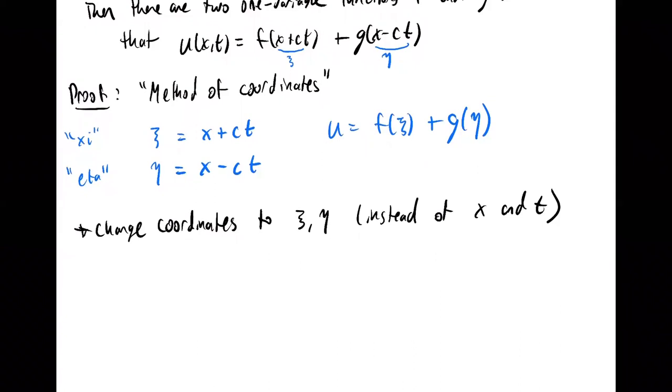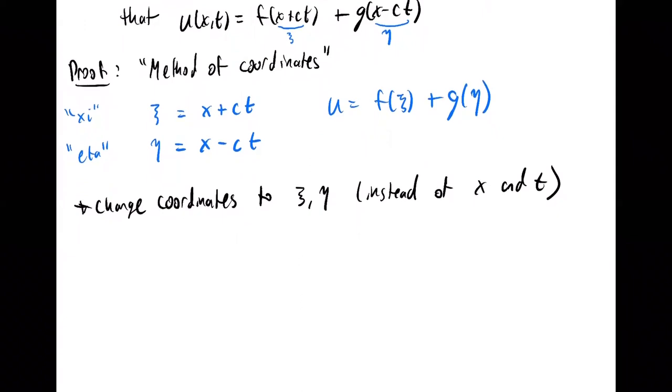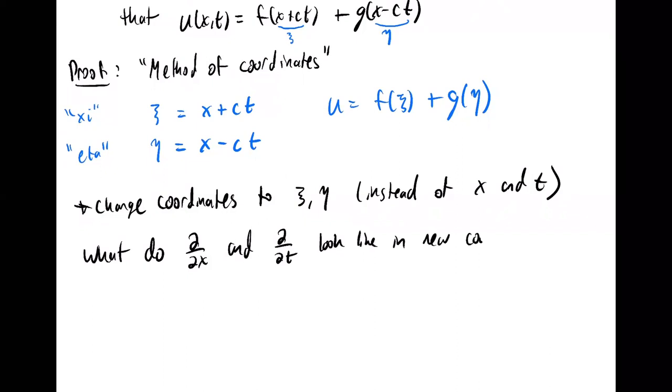The first thing to look at is how the two partial derivative operators change when we look at these new coordinates, or what d/dx and d/dt look like in the new coordinates.